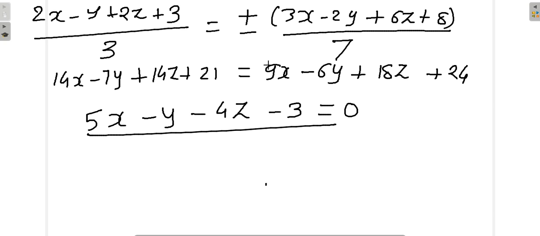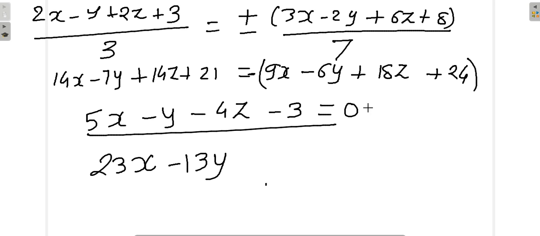In the second equation, we'll just put a negative sign here, so that what we'll get is 23x. This will become plus, so minus 7 minus 6, that is 13y. This will become minus 18, so we'll go on the other side, become plus 18.